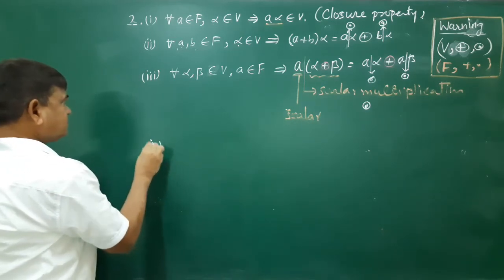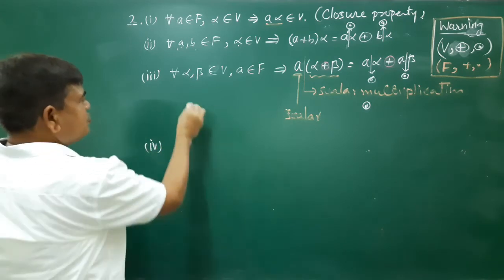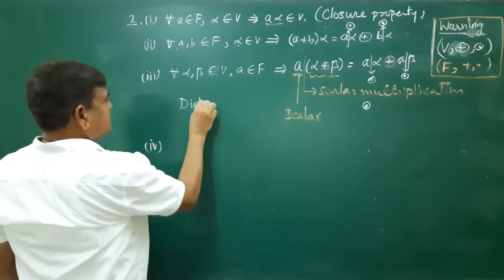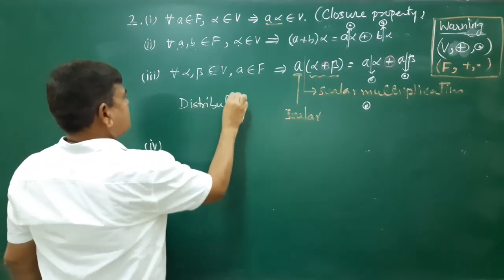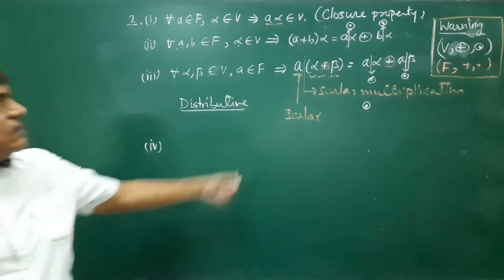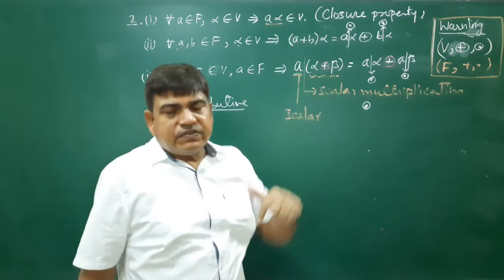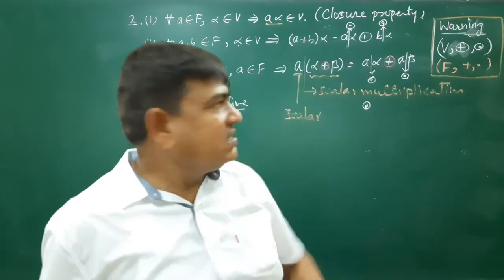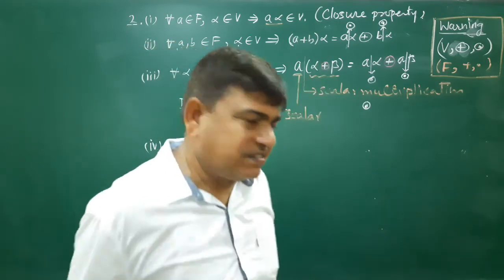Fourth one, this is also distributive property. Distributive over scalars, distributive over matrices.